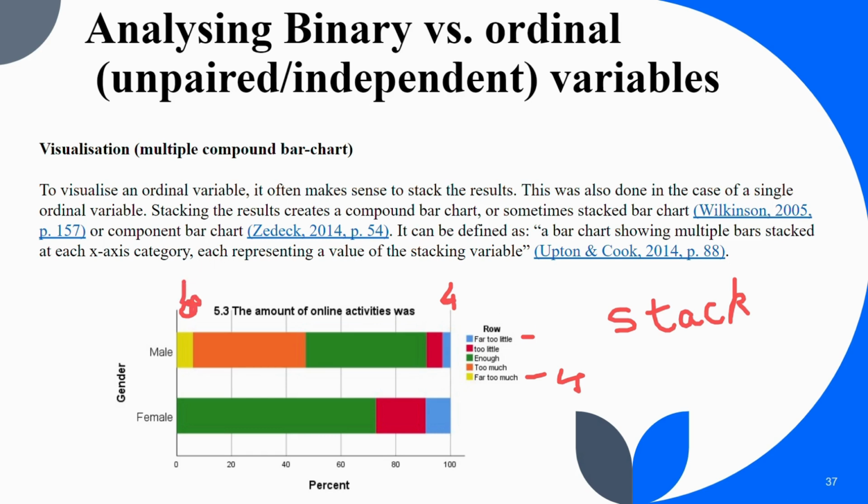Far too much is level 4, and here if you see, level 4 is at the bottom and level 0 is at the top.